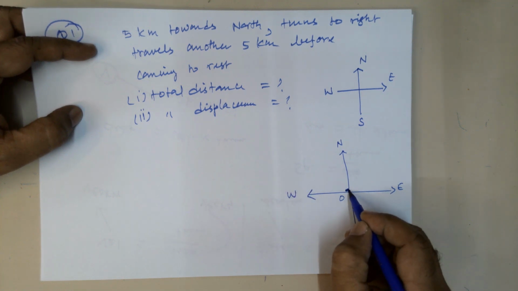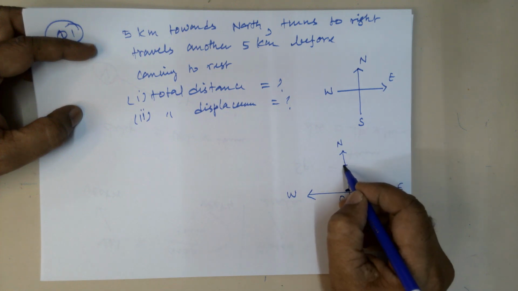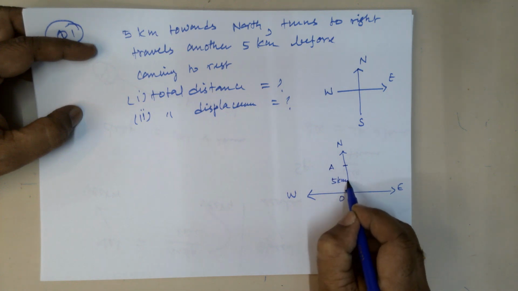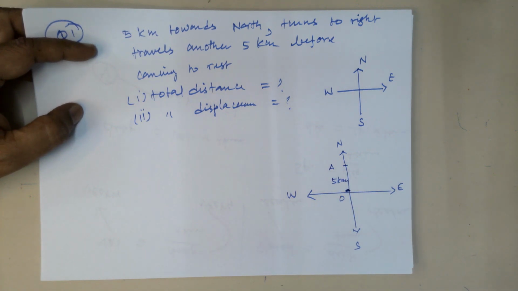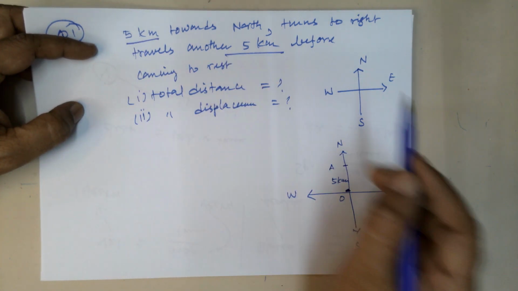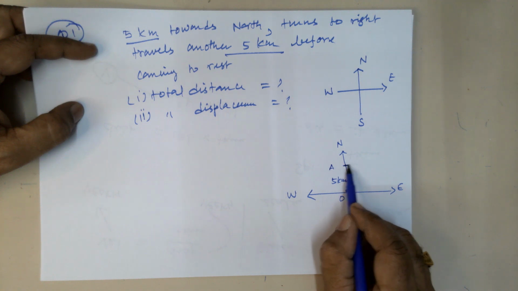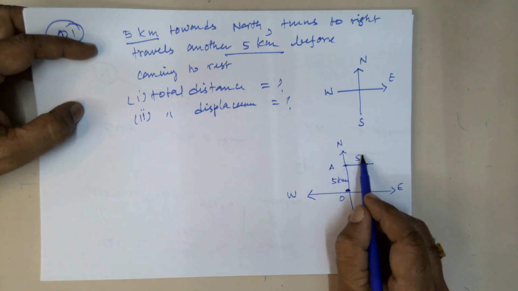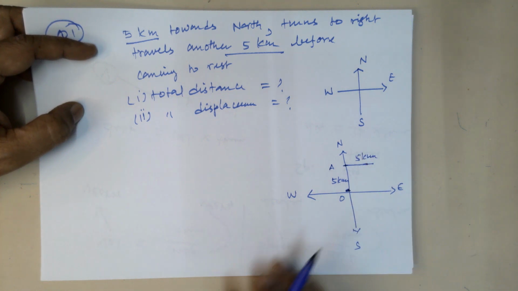So he has traveled 5 kilometer. So O to A, 5 kilometer northward. Okay, and turn again right. Turn right means this side. So he has traveled once again 5 kilometer.